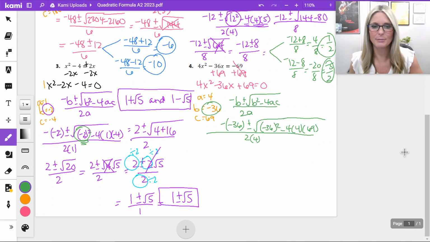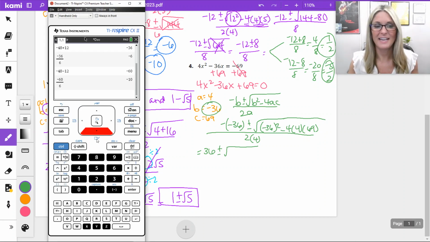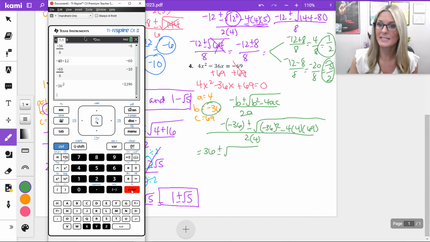All right, simplifying by hand, the 2 negatives make a positive 36, plus or minus the square root of negative 36 squared. Again, in your calculator, if you're typing this in as negative 36 squared, your calculator's only as smart as you type into it, you're going to see negative 1296, and that's wrong. We want negative 36 to be squared.